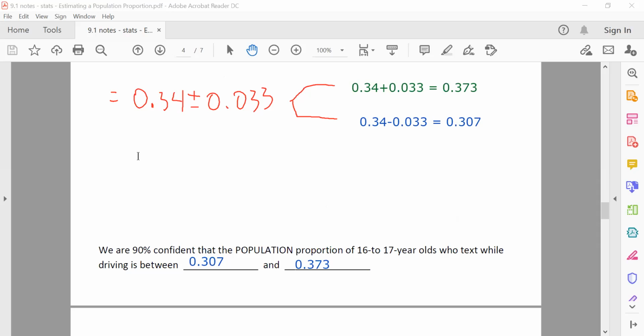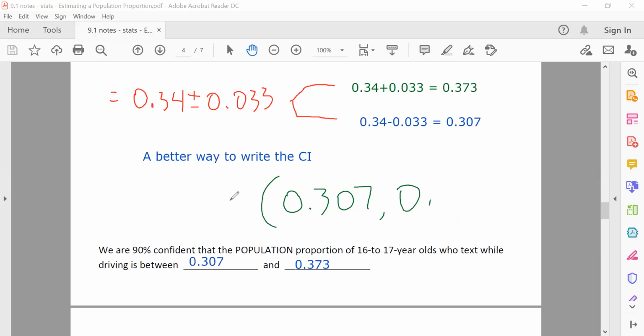Another, better way to write this, and I'm just going to use CI, not confidential informant, but confidence interval, is interval notation: 0.307, comma, 0.373. If you remember your interval notation from algebra, put parentheses around it, the comma in between.